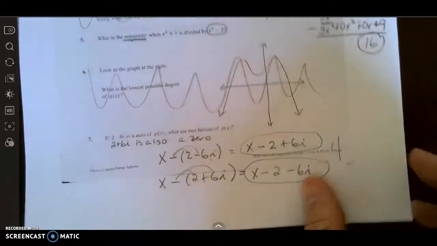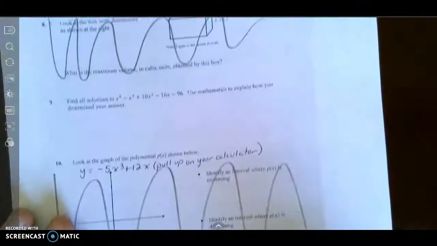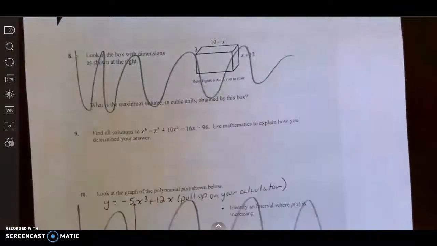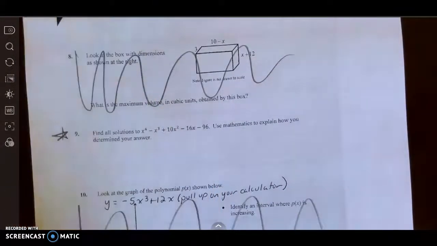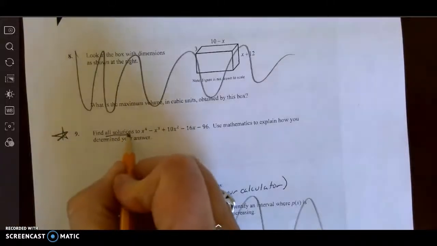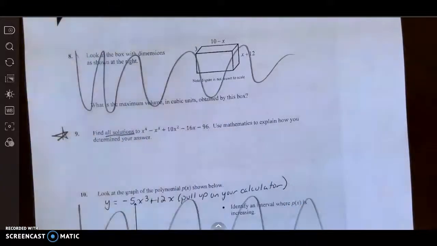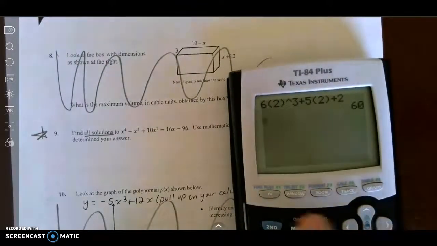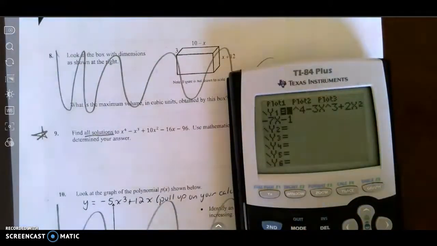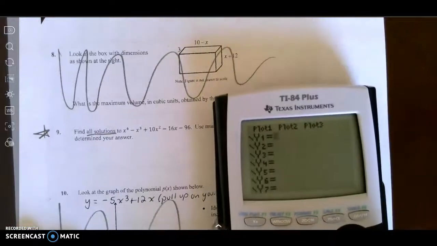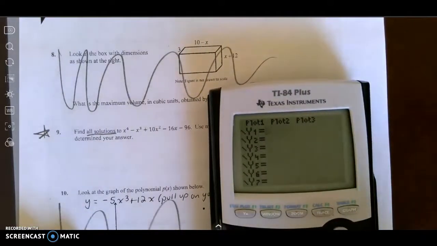Okay, let's go on to page 5. And on page 5, we only have to do this one problem, but this is a really important problem to be able to do. It says find all solutions to this polynomial, and they don't give me anything, which means I need to go to the calculator and find whatever I can in the calculator as far as finding real solutions.